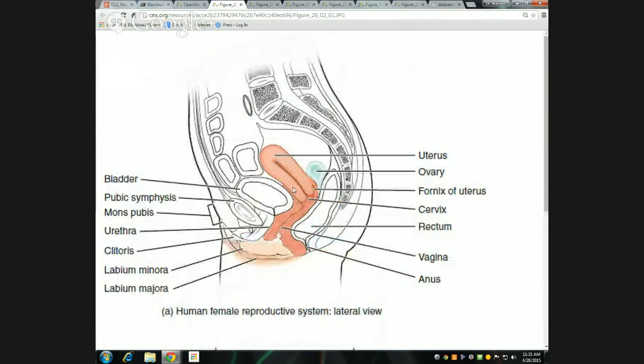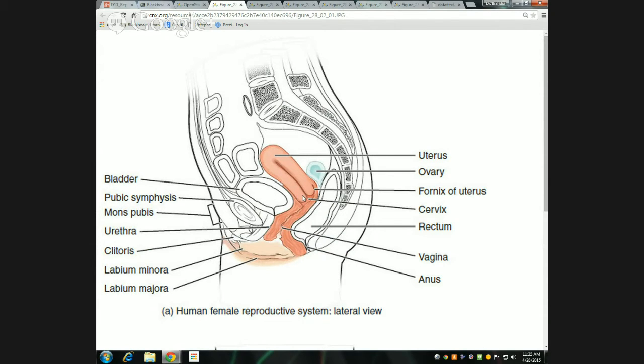Which I can see here in the sagittal view. This is a very muscular organ. The muscles are all smooth muscle, but they can generate quite a bit of force, partly because it's such an extensive muscle layer.